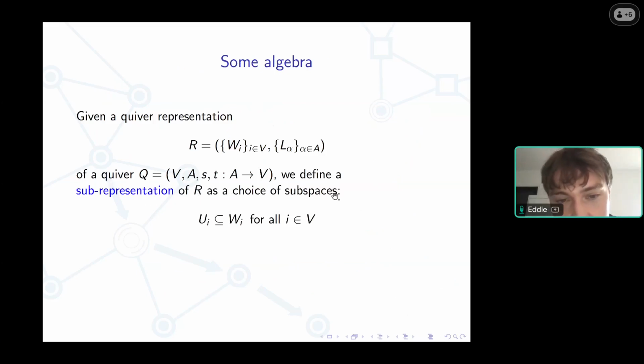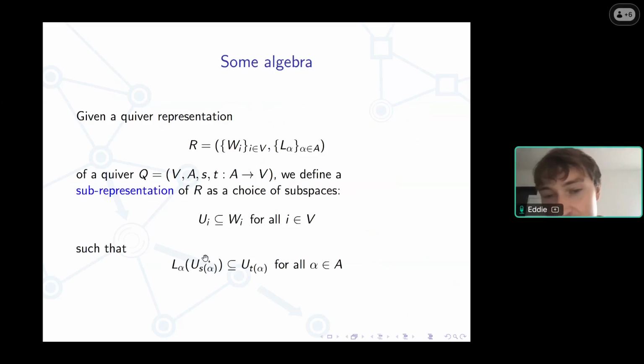So for every vector space that we had, we choose a subspace. But we want that every linear map, when it's well defined, sends the right subspace into the right subspace. When you have that, this sub-representation gives you a representation in its own right. This is why we call that collection of subspaces a sub-representation.